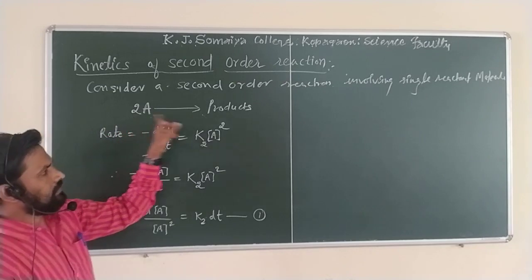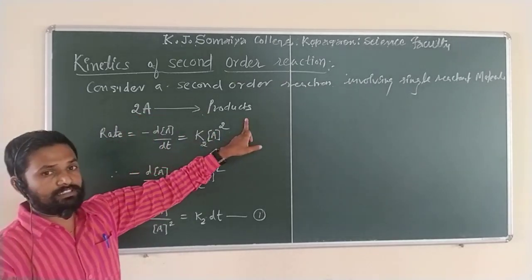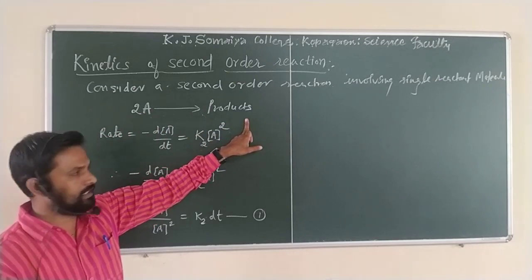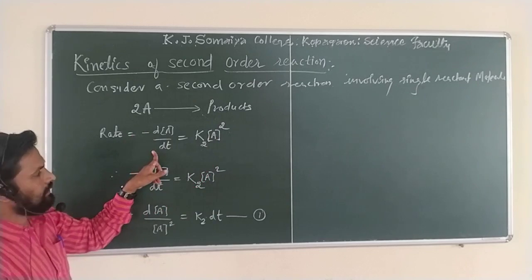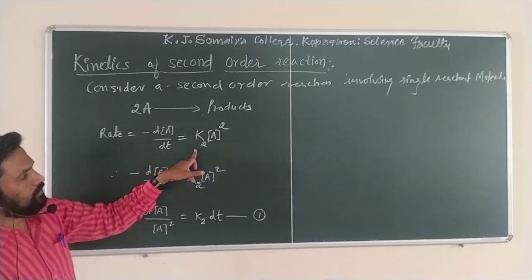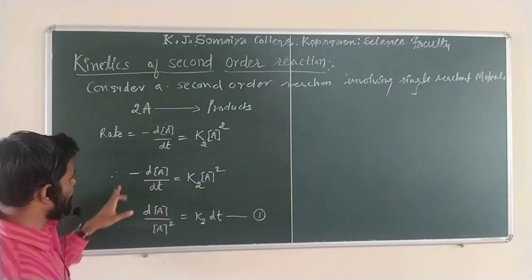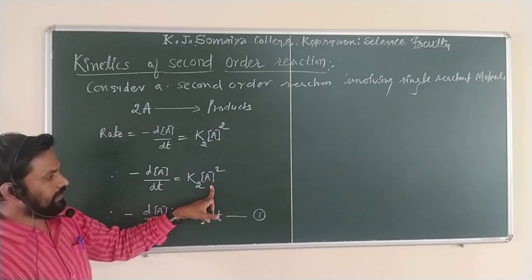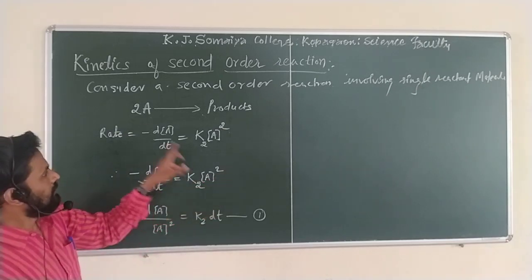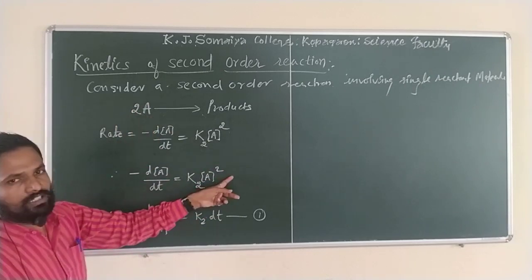How do I write it? Very simple. This is the reaction. A reactant molecule converts into the products. It follows the second order reaction involving a single reactant molecule. Rate can be written as rate equal to minus dA upon dt, the differential form, is equal to K2 times the concentration of A to the power 2. This is with respect to the rate law. The power becomes 2 because it is the total concentration of the reactant molecules involved in the rate equation.